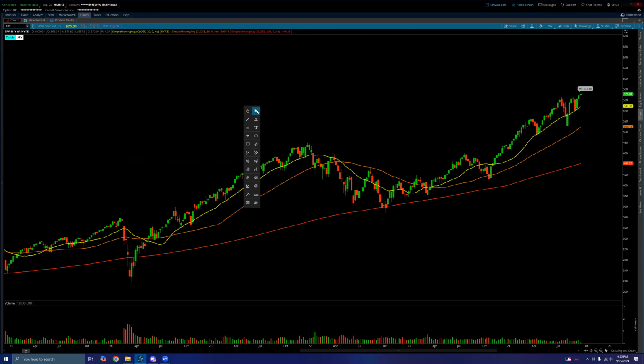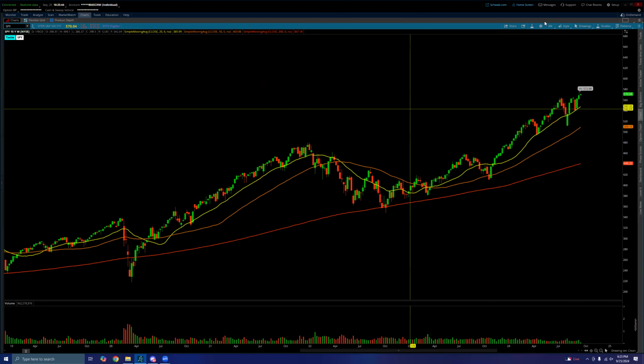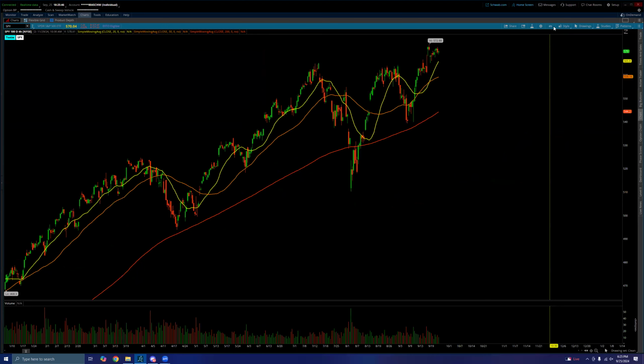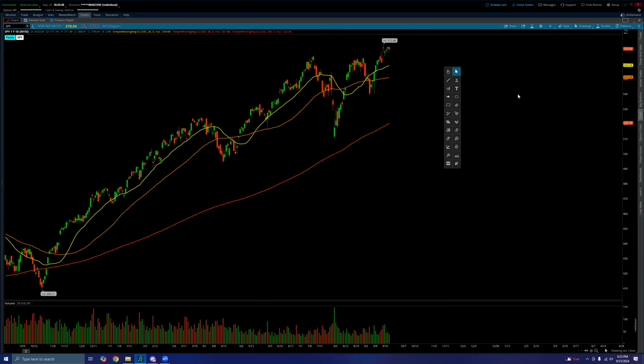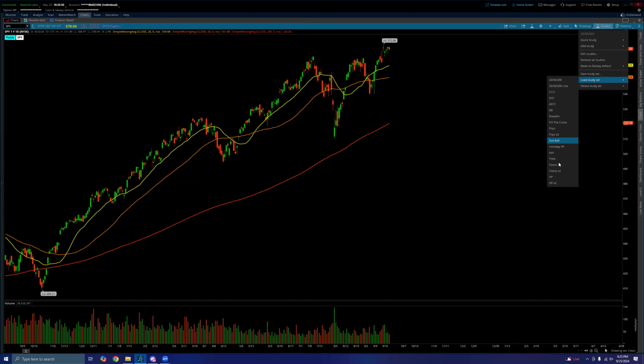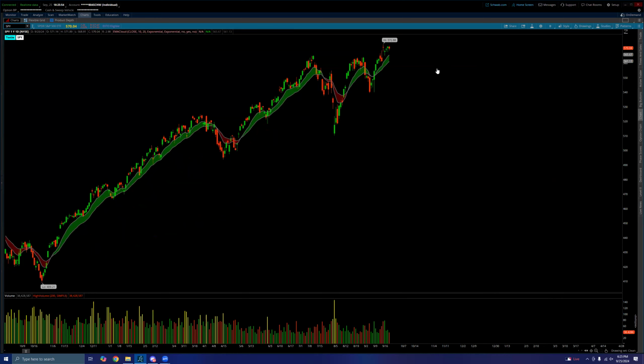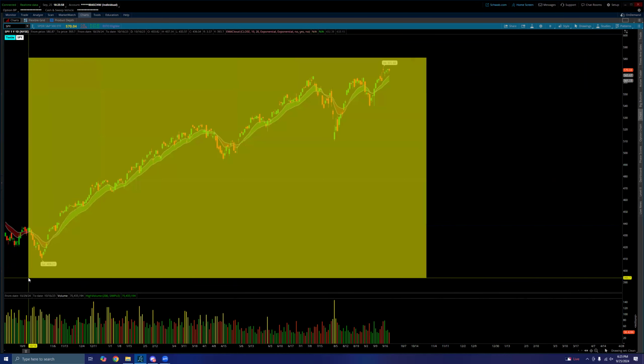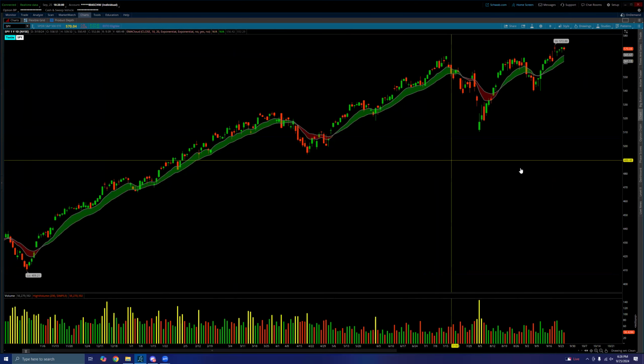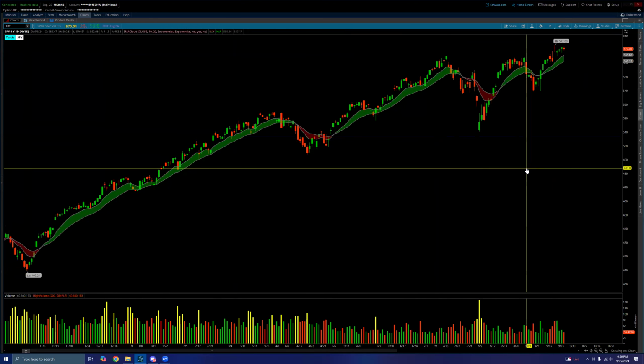So again, this is the first step of the workflow: identifying the long-term trend. Let's now zoom in to the shorter term, right? So we know based on what we just saw in the S&P, long-term trend is up. Now, what I like to do is start analyzing the short-term trend with a very similar framework, except slightly different.